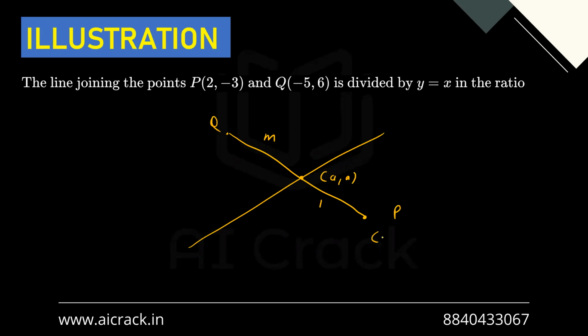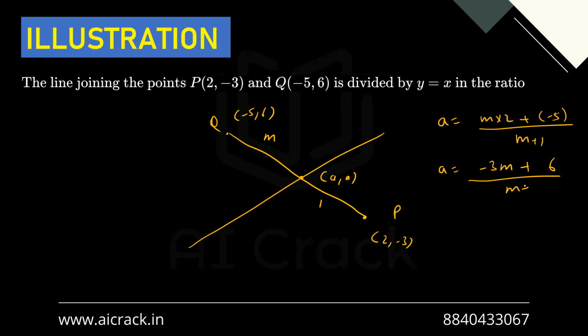Now P coordinate is (2, minus 3) and Q coordinate is (minus 5, 6). If I try to write the x coordinate of A with the help of the section formula, it would be m times 2, this ratio multiplied by this one, and 1 multiplied by minus 5, so basically minus 5 only, divided by m plus n. Here n is 1, so m plus 1. And similarly, the y coordinate of A would be m times minus 3, so minus 3m, plus 1 times 6, divided by m plus 1.